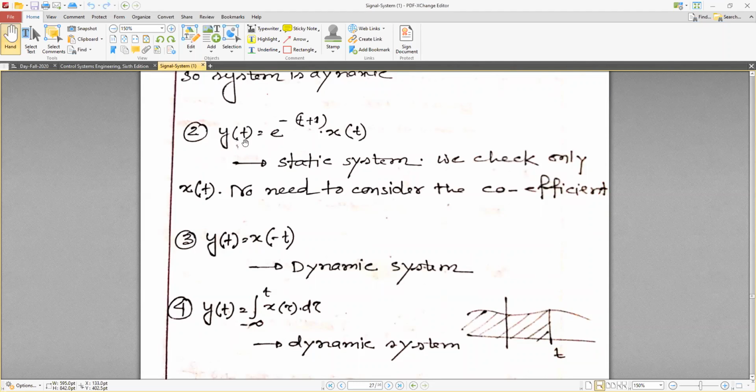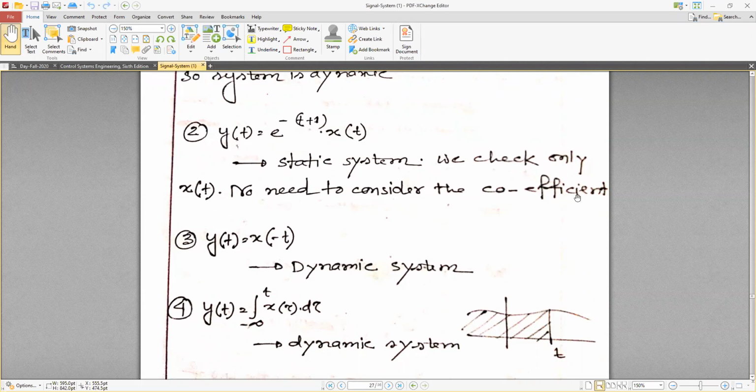If we put t equal to 1, then it would be x of 1. The question will arise: here in the coefficient, t plus 1 depends on the future value. No, we are not considering the coefficient here. Rather, we are considering only the t in x(t). For a static system, we check only x(t); no need to consider the coefficient.